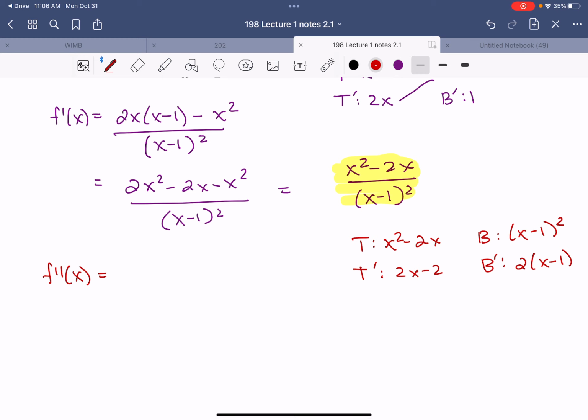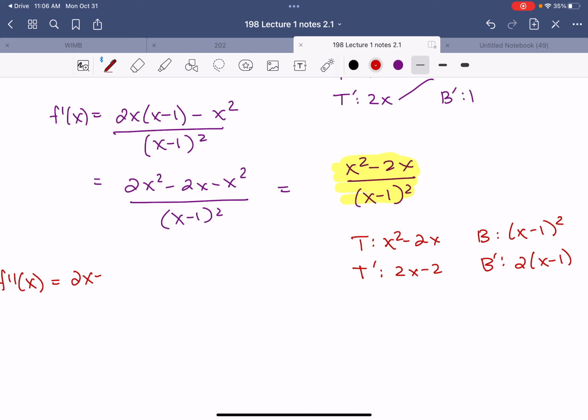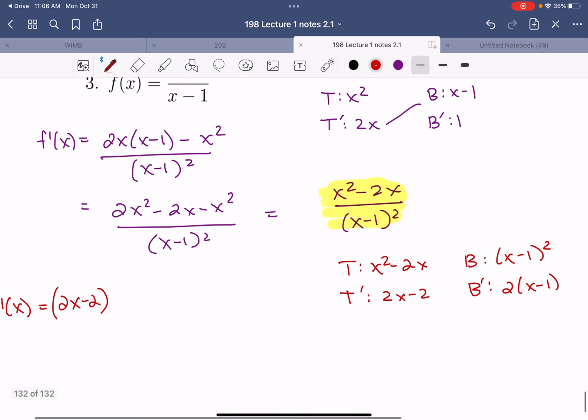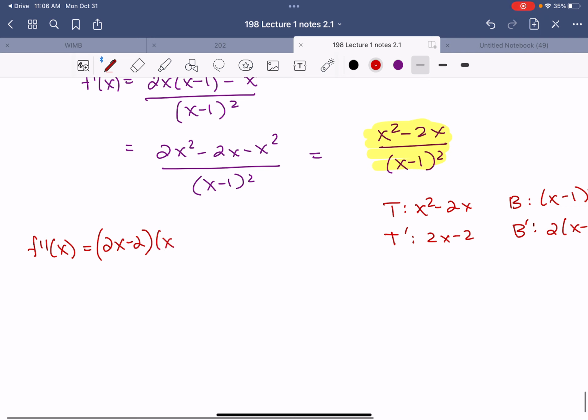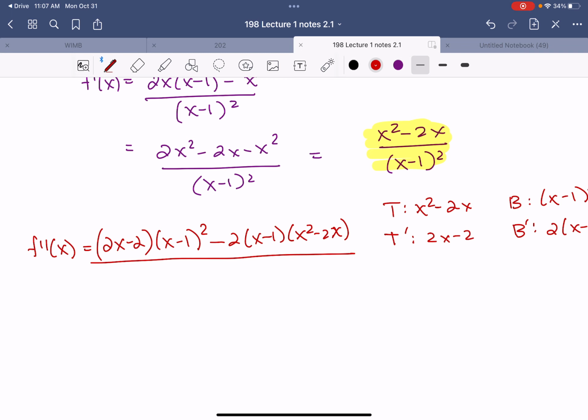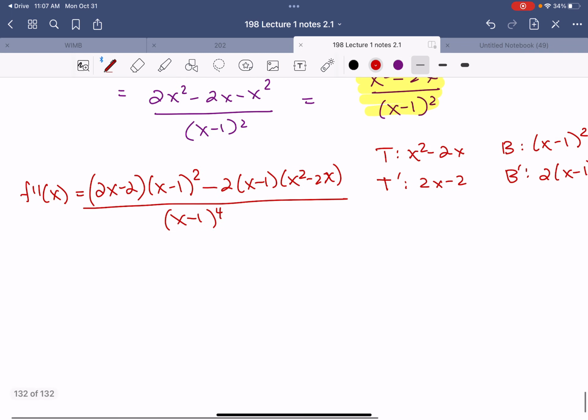So we've got top prime bottom. The top prime is the 2x minus 2 times the bottom, which is (x minus 1) squared, minus 2 times (x minus 1) times (x squared minus 2x), all over (x minus 1) to the 4th.